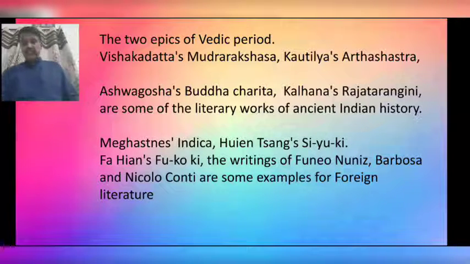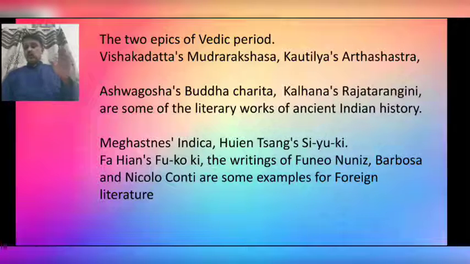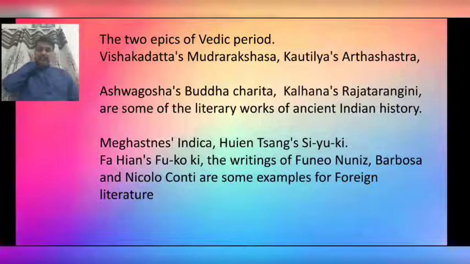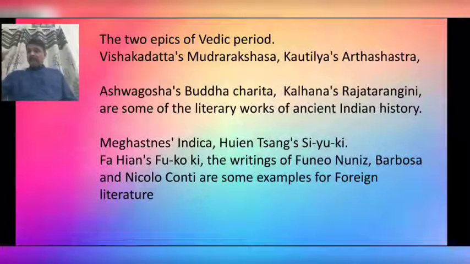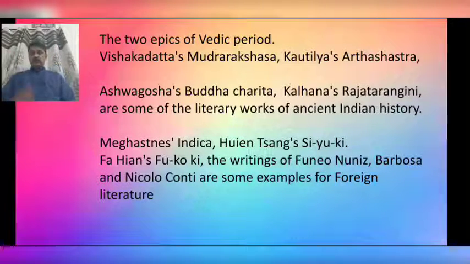Among the foreign literatures, the main sources are Megasthenes' Indica, Fahien's Fo-kuo-ki, Huen Tsang's Si-yu-ki, and Babar's Tuzuk-i-Babri, etc. Apart from these, there are many writings that serve as sources.